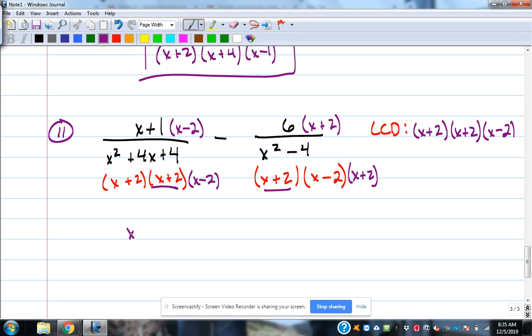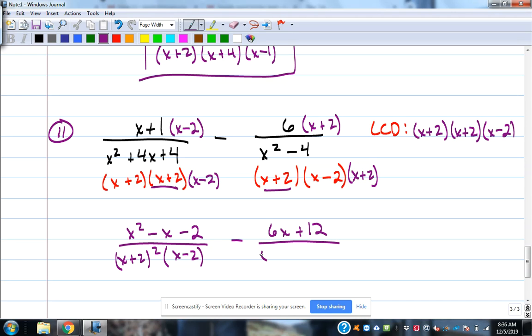So we got x squared minus x minus 2, minus 6x plus 12 on the top over there. And I'm going to rewrite my denominator, kind of a shortcut way. Simplify by doing the operation.